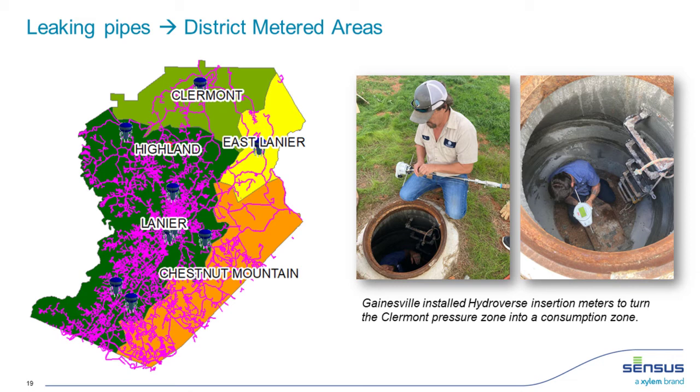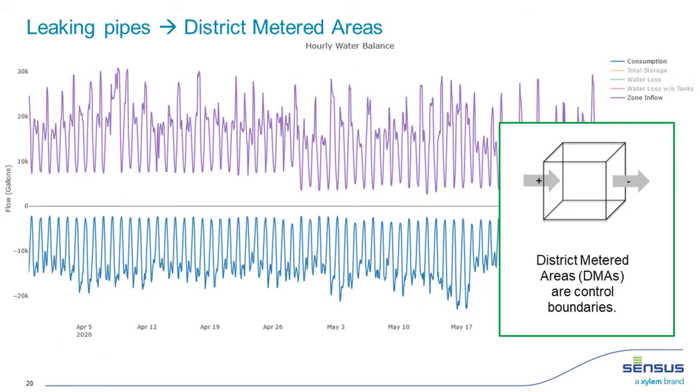And you can actually start using this as an operational tool. And of course, this is flow data, so it really makes sense to have this over the AMI network as well. And so looking at the data we would get from a district metered area and an insertion meter, what I'm showing here in this graph on the top is the inflow into a DMA.